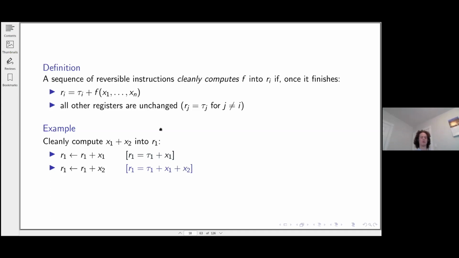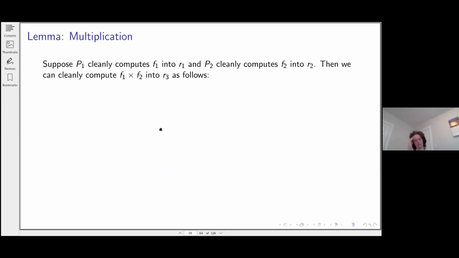So our next example is a little bit more complicated than this. We're going to try to combine programs to compute the product of their outputs. So suppose we have a sequence of instructions P1, which cleanly computes a function f1 into register 1. And we also have a sequence of instructions P2, which cleanly computes another function. So this lemma is going to tell us that we can cleanly compute the product f1 times f2 into a third register R3.